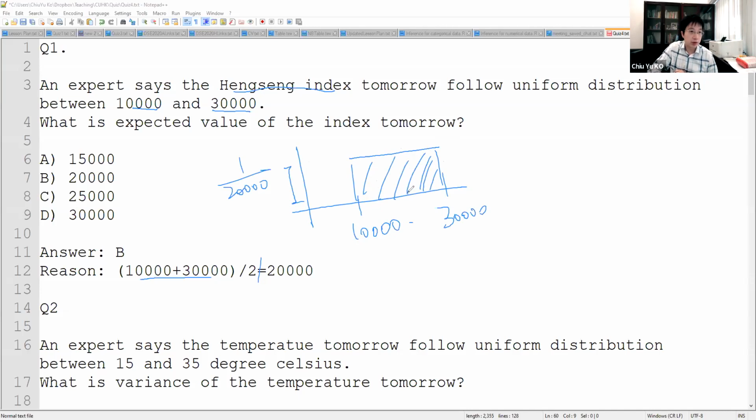It's the midpoint, so we're just in the middle. So the answer should be B, but I think initially I wrote C, but the answer is correct, so it should not be an issue. I hope that's okay.